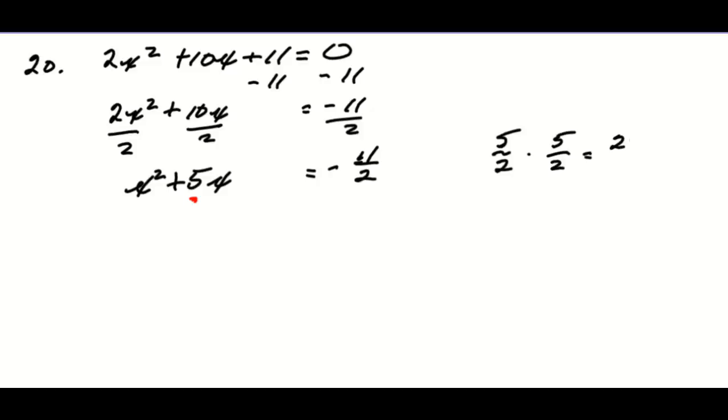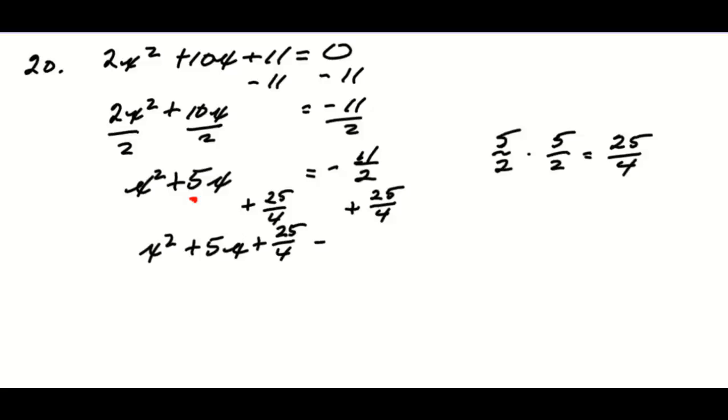That is 25 over 4. So what we need to do is add 25 over 4 to both sides. What we get here is x squared plus 5x plus 25 over 4 equals 25 over 4 minus 11 over 2.